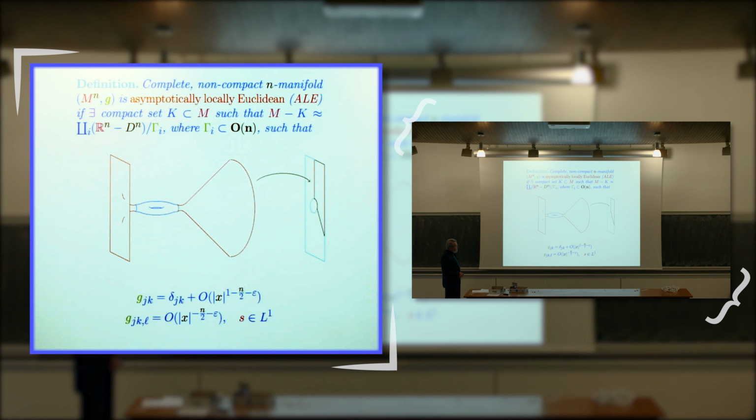So here we have conical ends, which are cones on spherical space forms, and we mod out by groups of isometries of Euclidean space. We might have different ends, because of dimensional reasons, the group you're modding out by is actually the fundamental group of the end. But the fall-off conditions are the same.